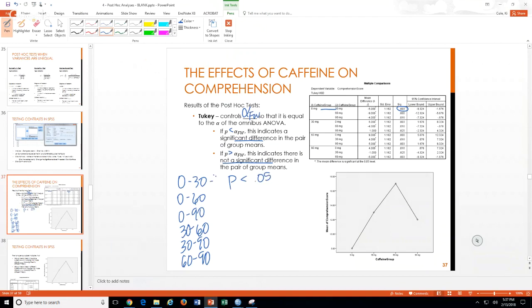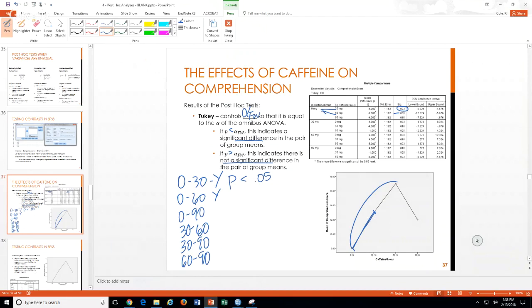Less than. So I would say yes, the 0 and the 30 are significantly different. What about the 0 and the 60 milligram group? Are those significantly different? Yes. It would make sense that if this is significantly different, then that is significantly different.